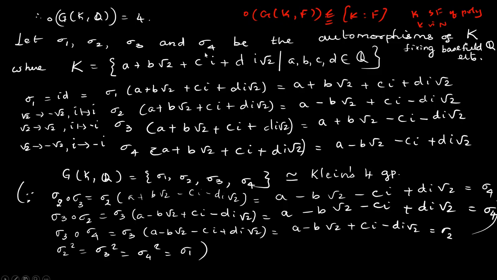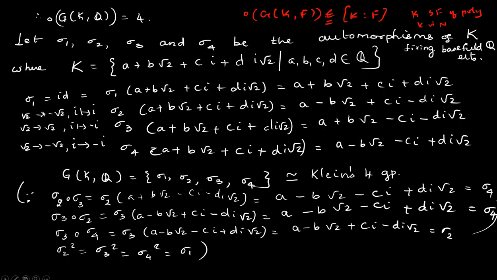You cannot write directly "let sigma 1, sigma 2, sigma 3 be the automorphisms of K" unless you already know this. Otherwise, you are going to determine them now, so you take an arbitrary sigma only. So sigma, sigma, sigma only we will write.